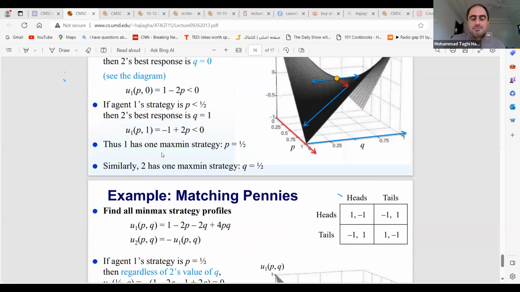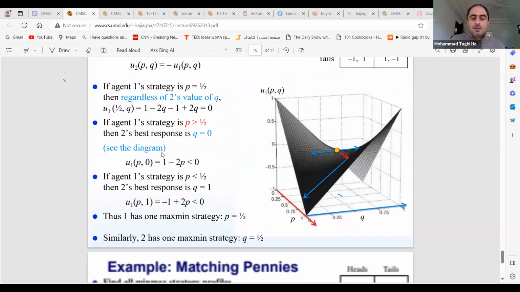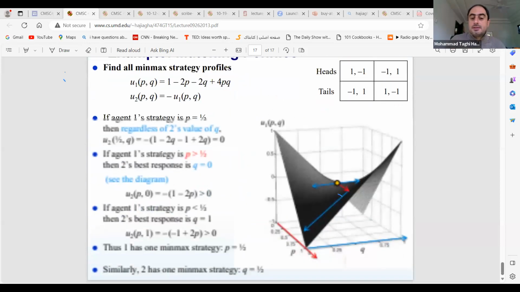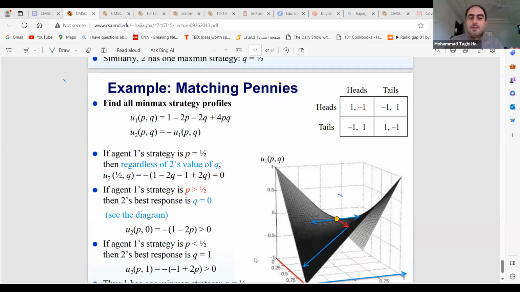As I mentioned, you can compute the minimax or maximin the same way that we computed for the husband-wife battle of the sexes, and you see that you will get P equal to 1/2, Q equal to 1/2. I'm just finishing by saying that for this particular case of matching pennies, which was a zero-sum game, you can compute minimax, maximin the way that we have mentioned, and the Nash equilibrium that we discussed before.